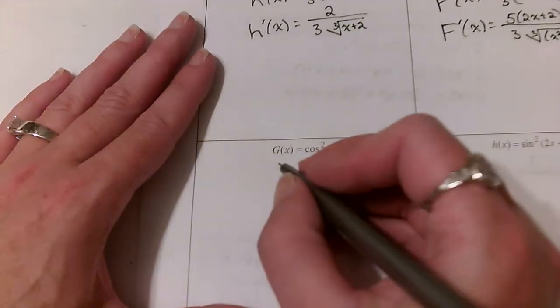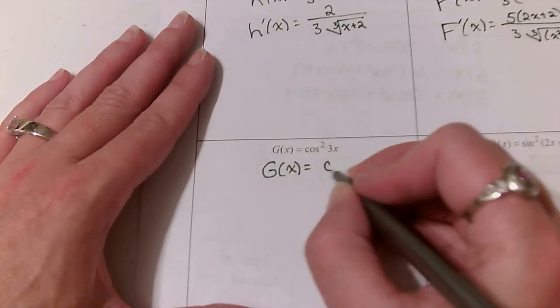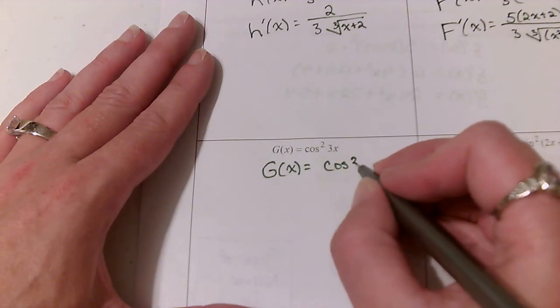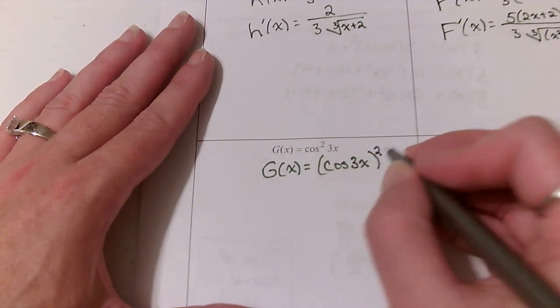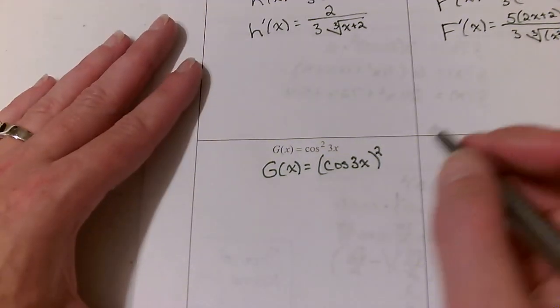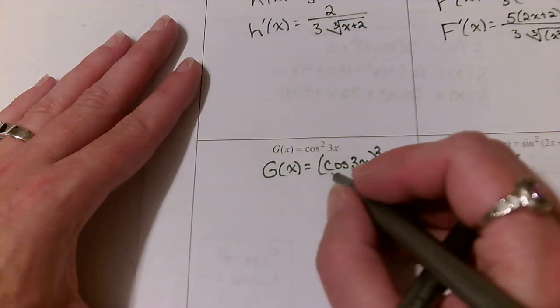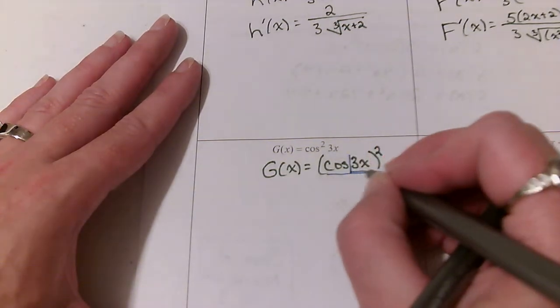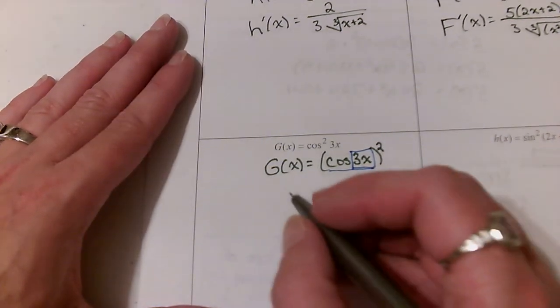What does this actually mean? So capital G of x really means that I have cosine 3x, squared. So the inner layer is this, but there's an inner layer inside cosine. Oh boy, okay.